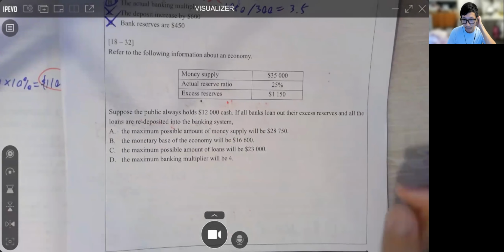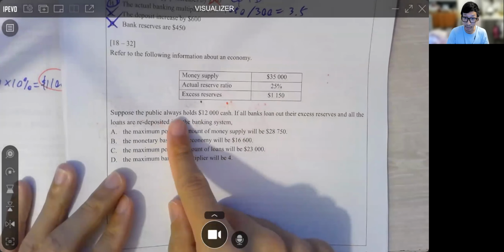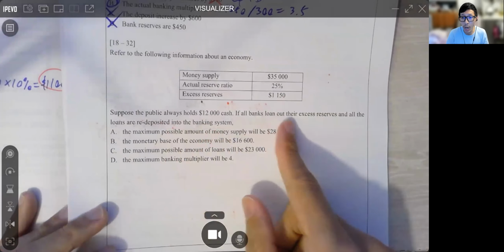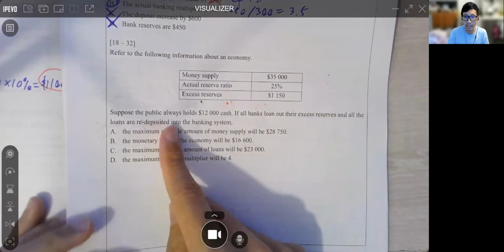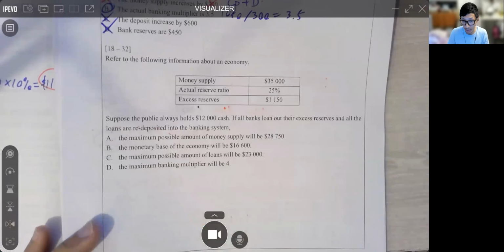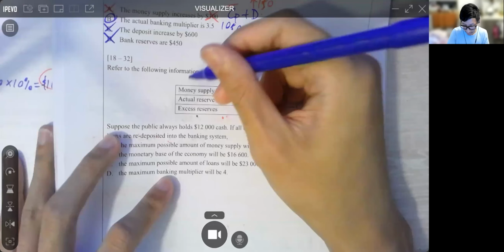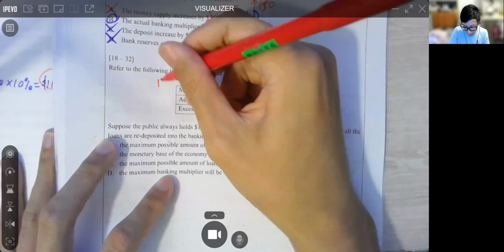Okay. Now, the public always hold this amount of cash. If the banks loan out their excess reserve and all the loans are redeposited into the banks, then maximum 啦，係嘛？嗱，小心啲啦。Here, money supply, CP plus deposit. We know CP is 12K.